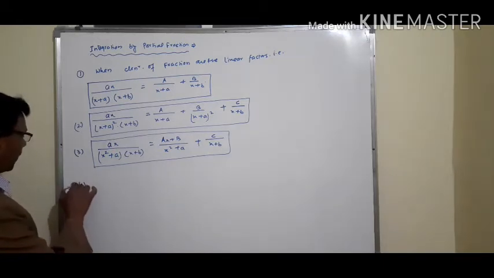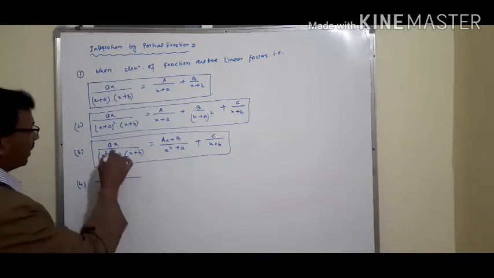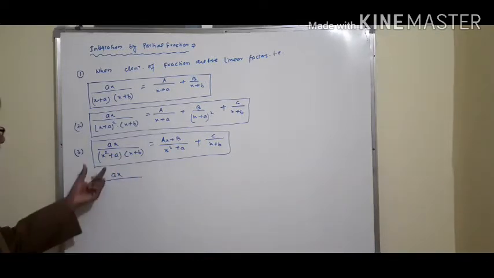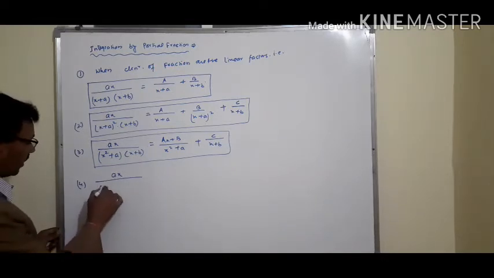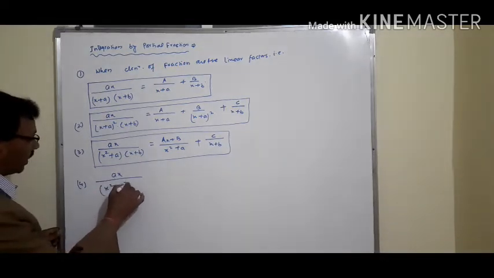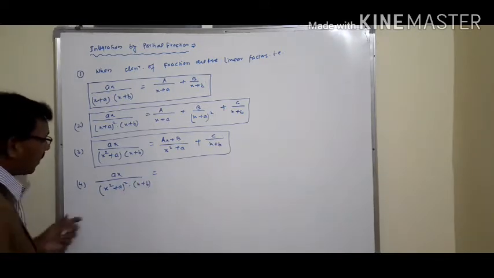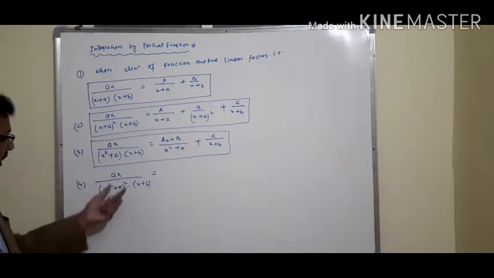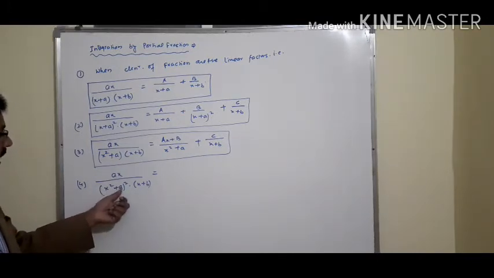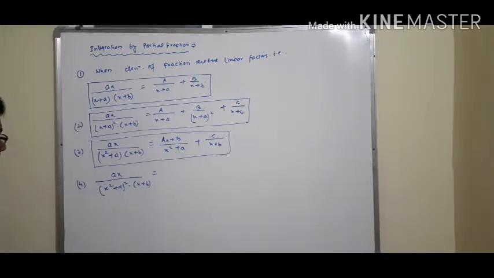Now the fourth type of partial fraction is when the factors of the denominator of the given fraction are quadratic but repeating. That means ax upon (x square plus a) whole square into (x plus b). You can see here the first factor of the denominator is quadratic but repeating. That means the same factor comes two times and one other factor comes once.